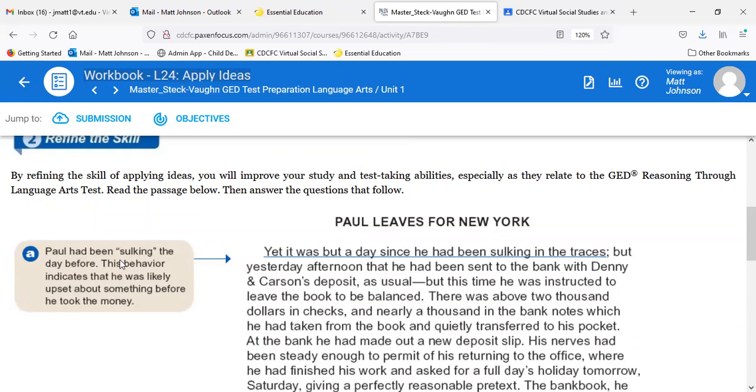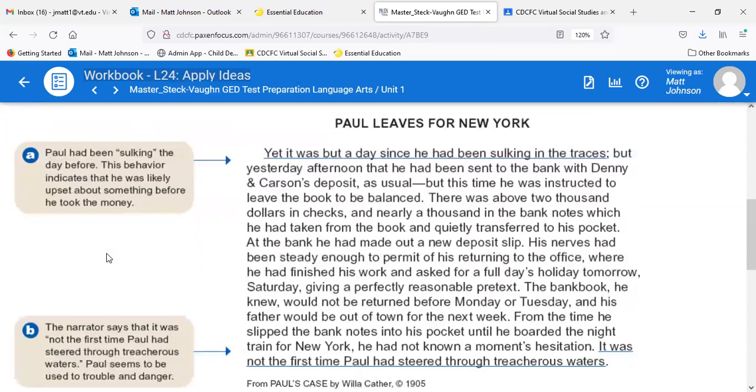His nerves had been steady enough to permit of his returning to the office where he had finished his work and asked for a full day's holiday tomorrow, Saturday, giving a perfectly reasonable pretext. The bank book, he knew, would not be returned before Monday or Tuesday, and his father would be out of town for the next week. From the time he slipped the banknotes into his pocket until he boarded the night train for New York, he had not known a moment's hesitation. It was not the first time Paul had steered through treacherous waters.